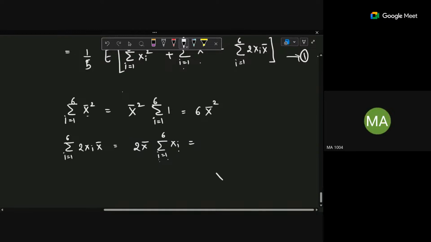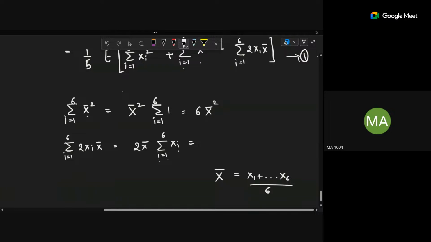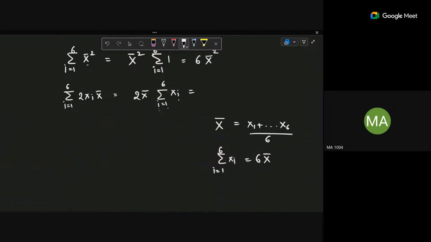What is the definition of x bar? x1 plus x2 plus up to x6 divided by n, n means 6, right? So the summation of xi where i is equal to 1 to 6 is nothing but 6 x bar. So twice x bar multiplied by 6 x bar is nothing but 12 x bar square. Fine.